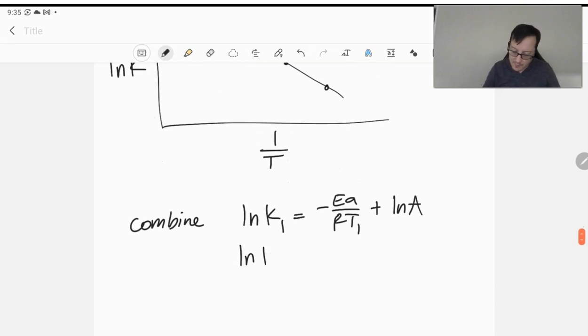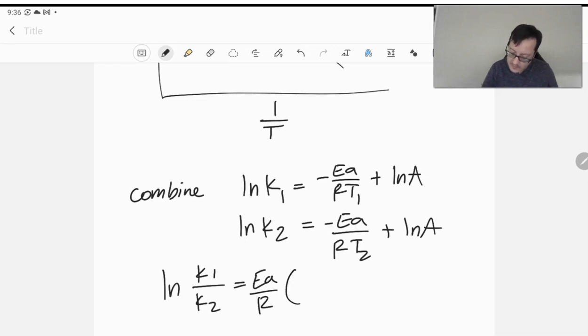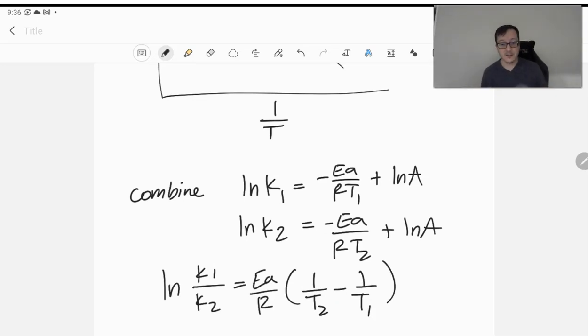And if we have the same thing at a second temperature, if we combine these 2 reactions, we get the following. We're just going to compare the 2 of them. And in doing so, we get EA over R times 1 over T2 minus 1 over T1. And this way, we can make it all positive by switching the 1 and the 2 there.